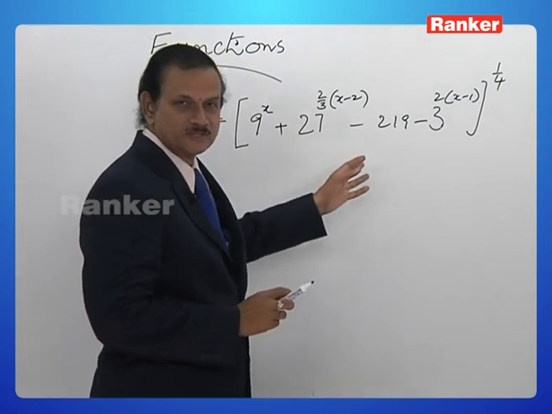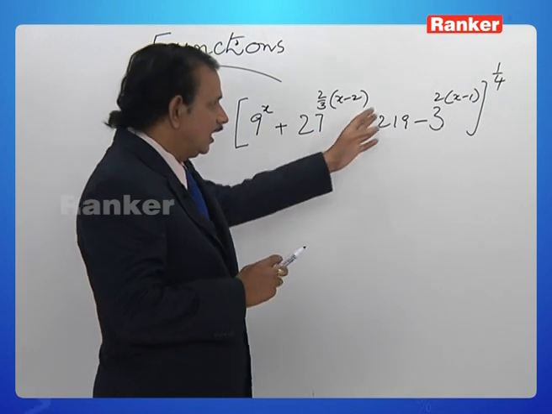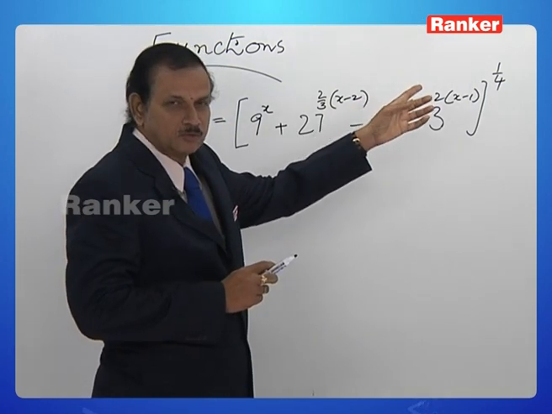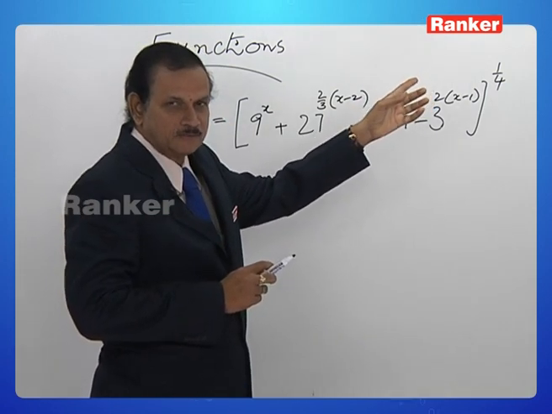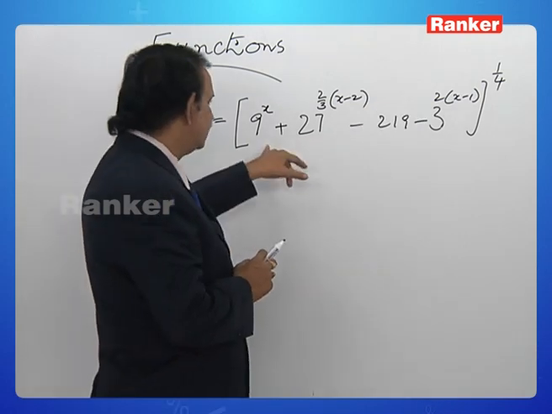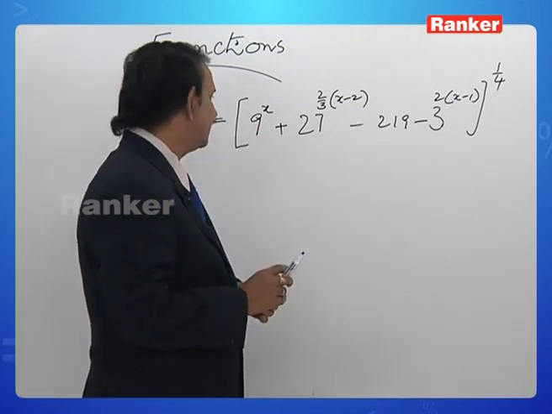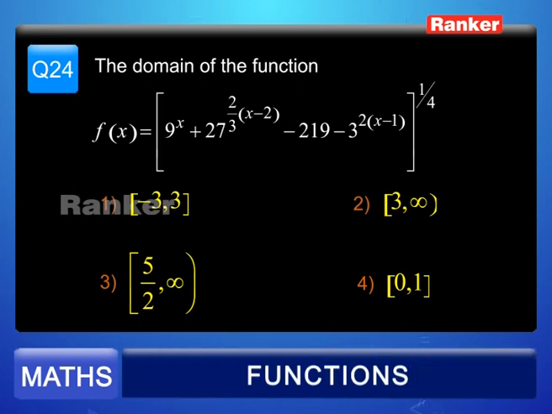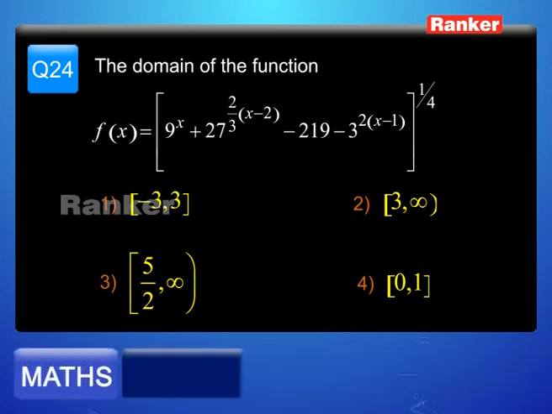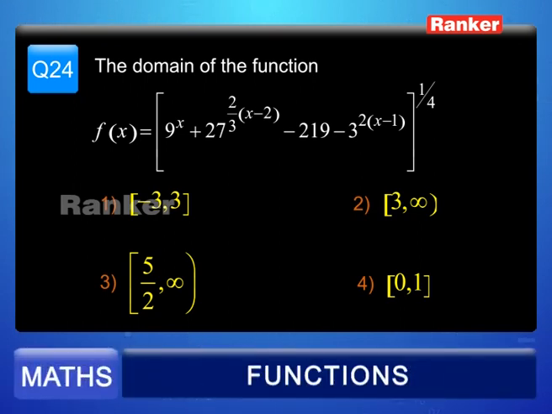In this expression, the exponent is 1 by 4. 4 is an even number. In order for this function to be valid, the domain of the function is required.